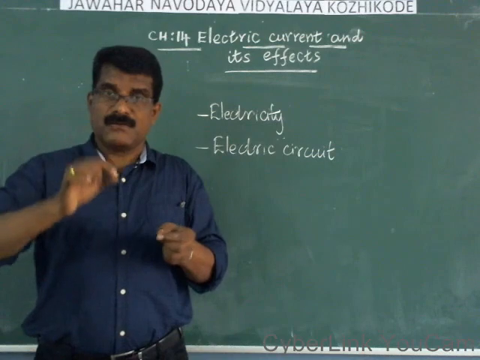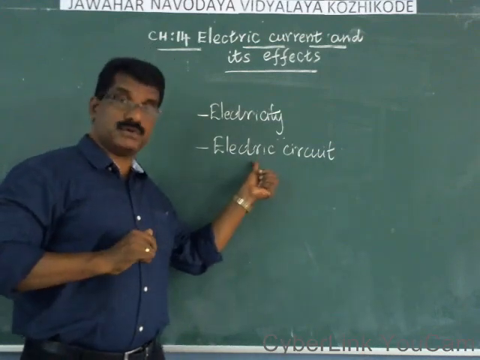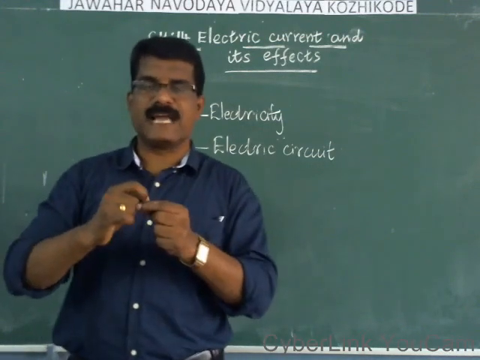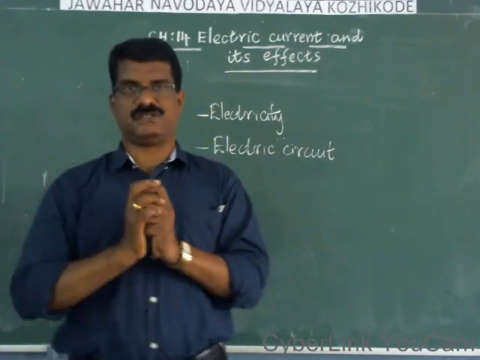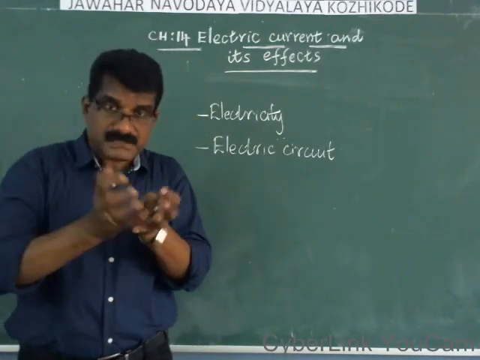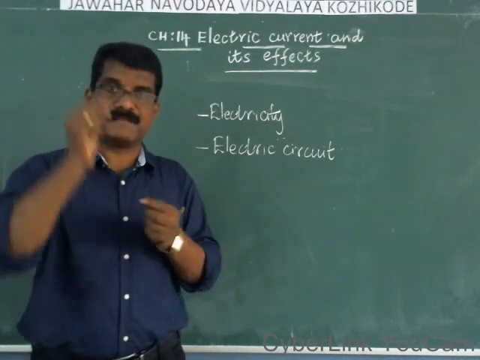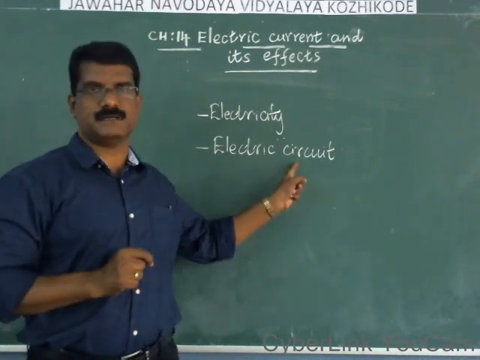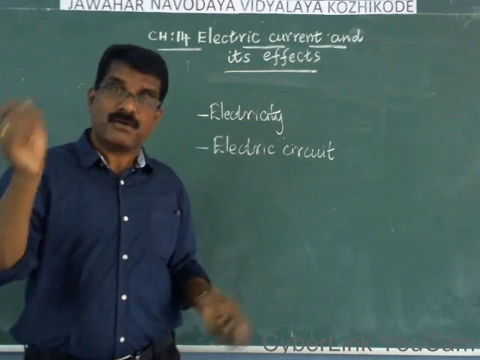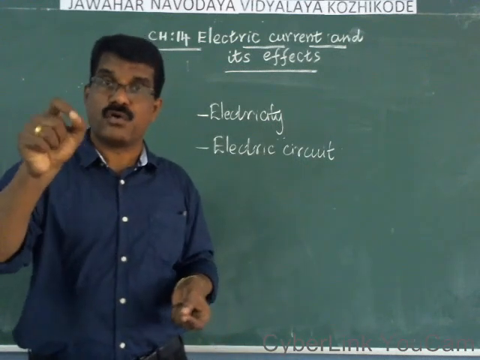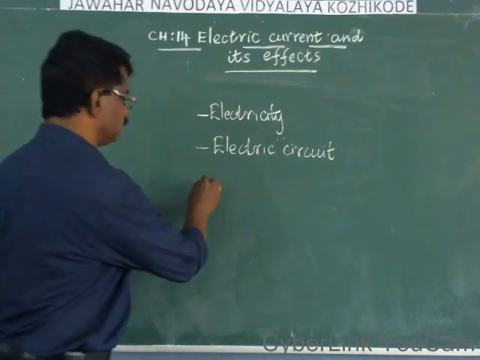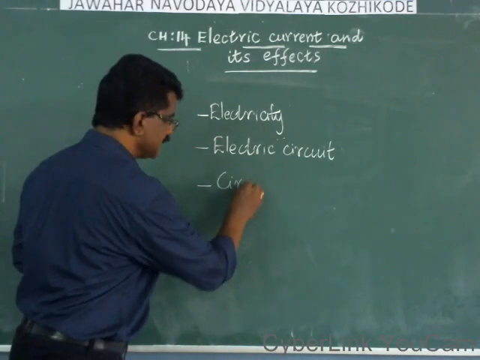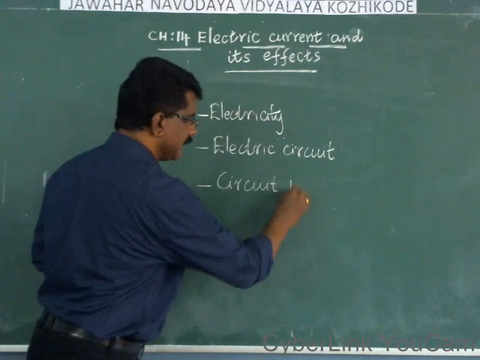So this path is known as an electric circuit, and it can be represented by a diagram using certain symbols. Some symbols are used to represent some of the components of an electric circuit. Such symbolic representation of the flow of electric current is known as a circuit diagram.